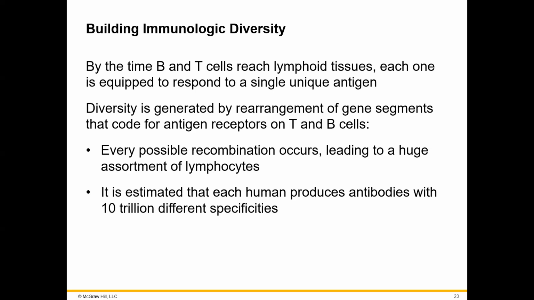It's estimated that each human produces antibodies with 10 trillion different specificities. While these DNA recombinations allow for the recognition of a huge array of antigens, which is called the repertoire, remember that a single naive or unstimulated lymphocyte can only recognize one antigen with its receptors.